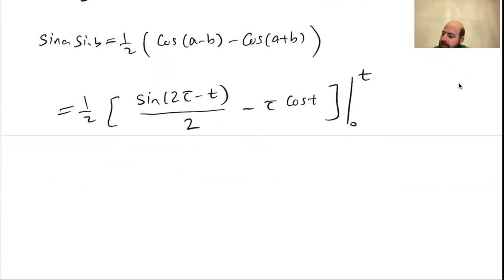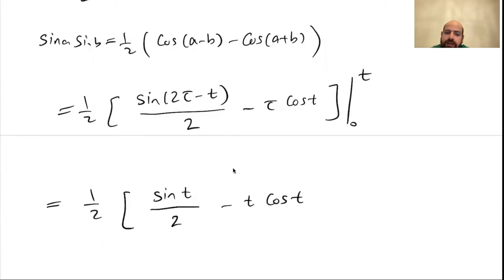Now, if I calculate this between 0 and t, I'll get 1/2 times sine. If I replace tau with t here, 2t minus t will be t. So sine t divided by 2 minus t cos t. And if I replace tau with 0, it will be minus, I'll have sine of minus t, which is minus sine t divided by 2.